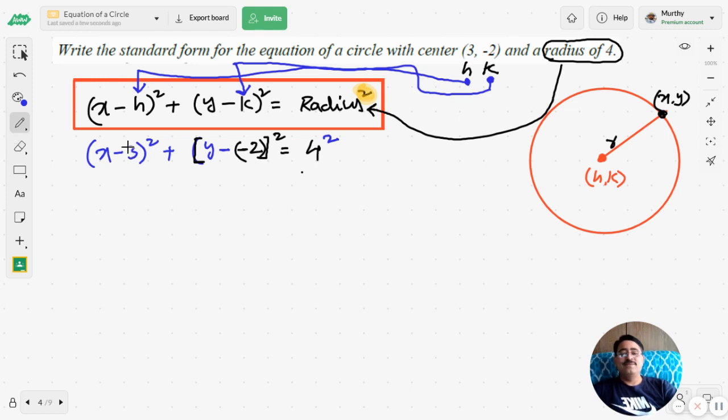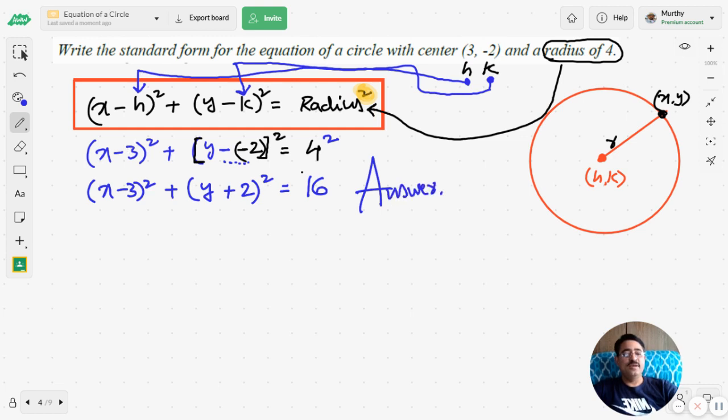Now we are about to write the last step. x minus 3 square plus y negative of negative, that gives me positive 2 square equals 4 square, that gives me 16. This is the equation of a circle. Any questions on this? It's very easy to remember. Once you memorize the equation of a circle, just plug in the values, as simple as that.